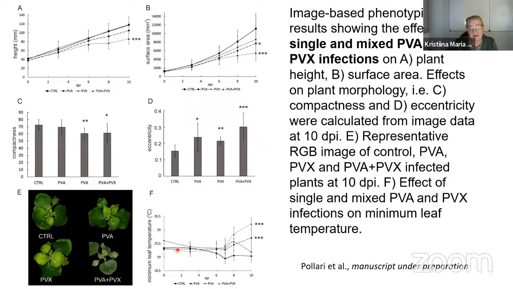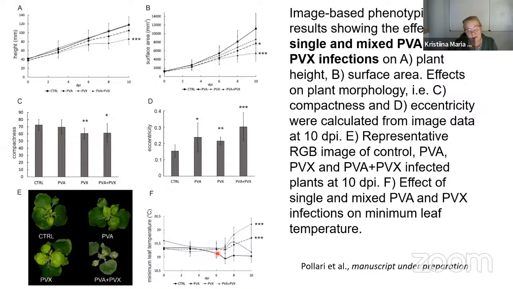We can also see higher temperature in the upper systemically infected leaves of this mixed infection, and to some extent also in potyvirus infection, which is most likely a consequence of stomatal closure.